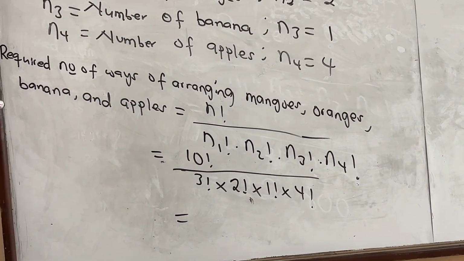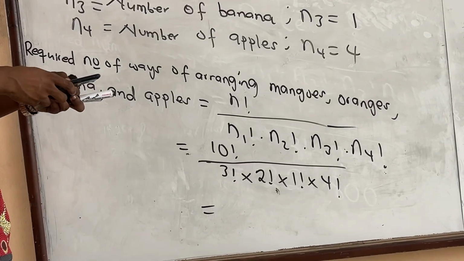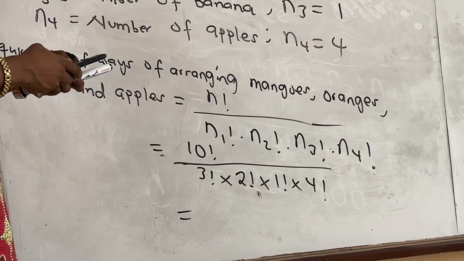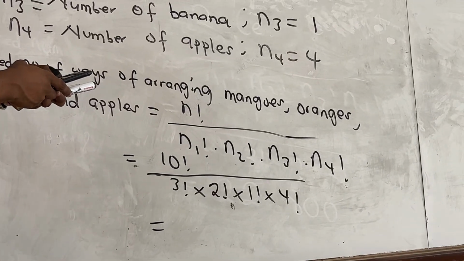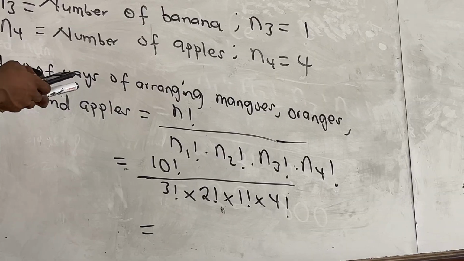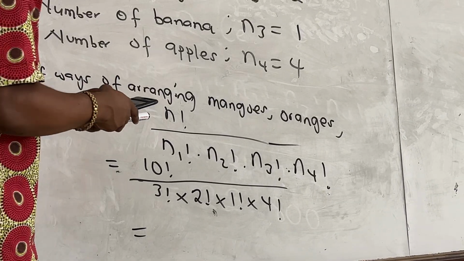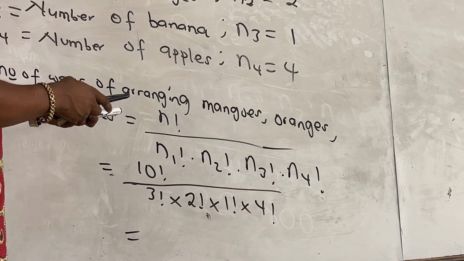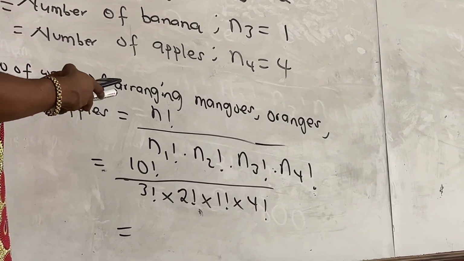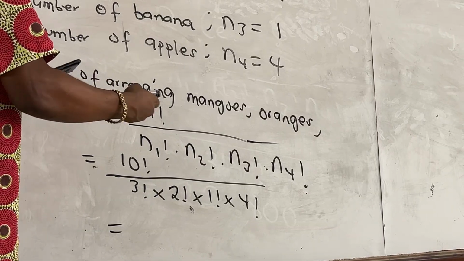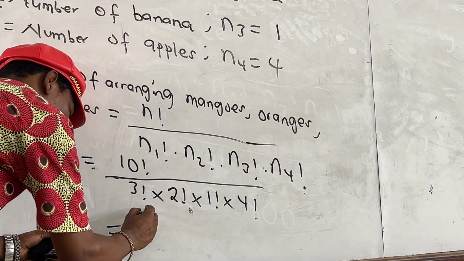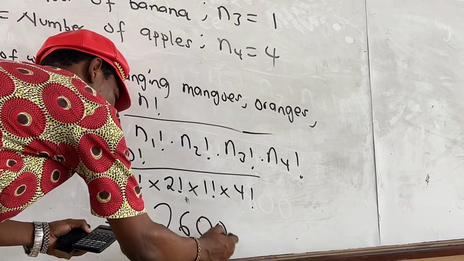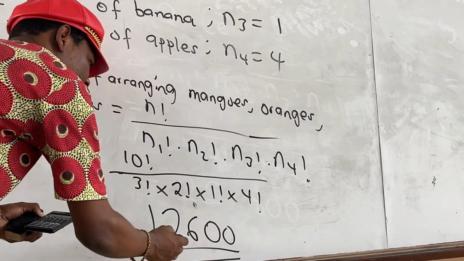And by the help of the calculator, 10 factorial divided by 3 factorial times 2 factorial times 1 factorial, which is the same as 1, times 4 factorial, you should be getting 12600. As simple as that.